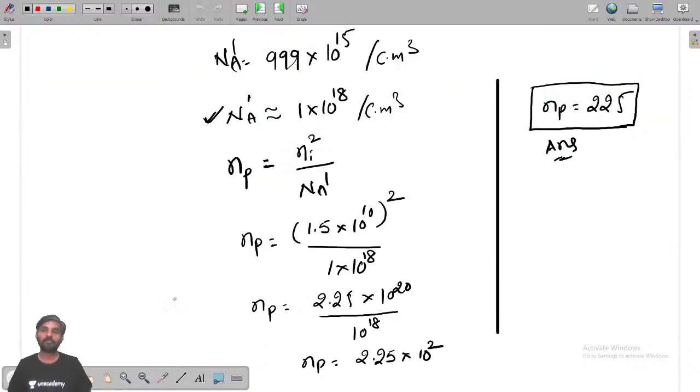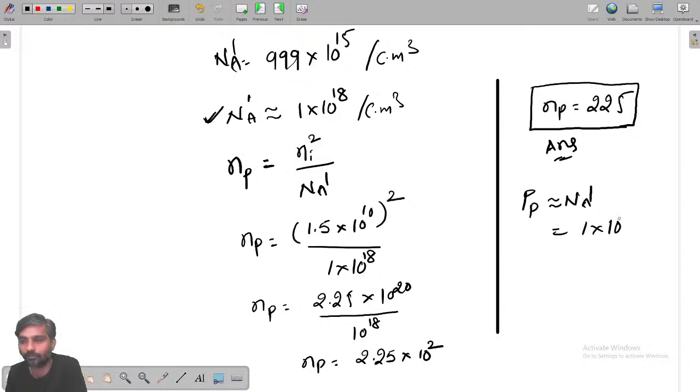This is the answer. One interesting thing you should see here is, can I say PP is equal to Na dash? How much is this? 1 into 10 to the power of 18. Then what is NP? NP is just 225.